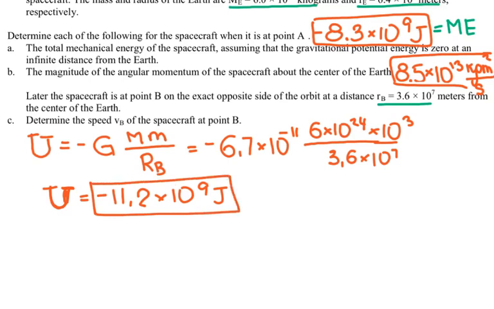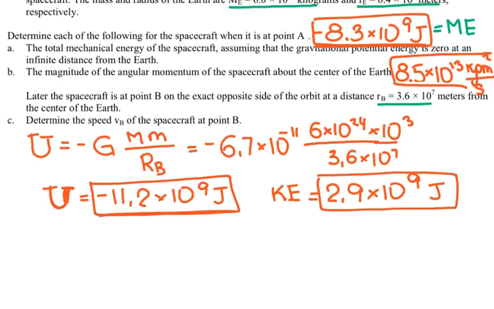So my total energy must be equal to this number, and I only have this number. So the kinetic energy must be equal to the difference between those two. It will give me 2.9 times 10 to the 9 joules.